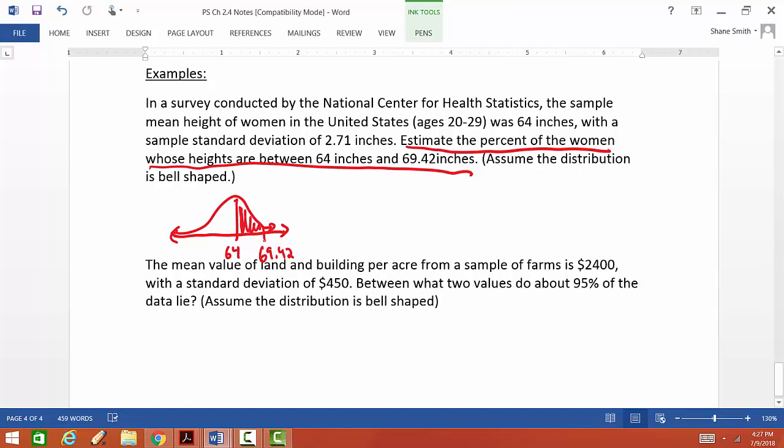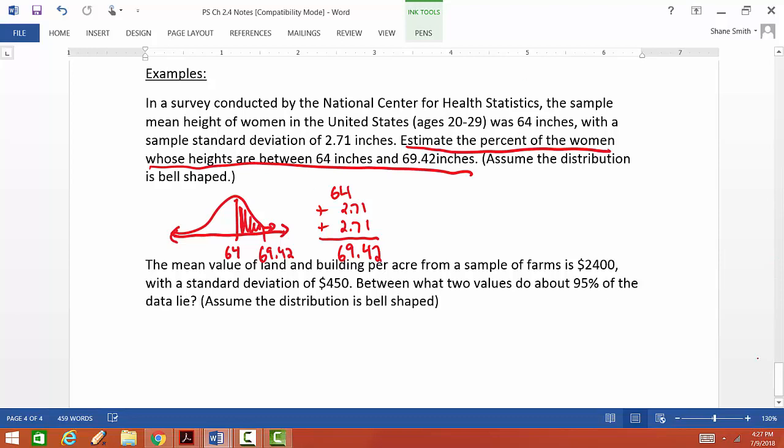Okay, so what we have to figure out is how many standard deviations away is 69.42. Well, if I take 64 and add the standard deviation, which is 2.71, twice, I get 69.42. So this is 2 standard deviations away.